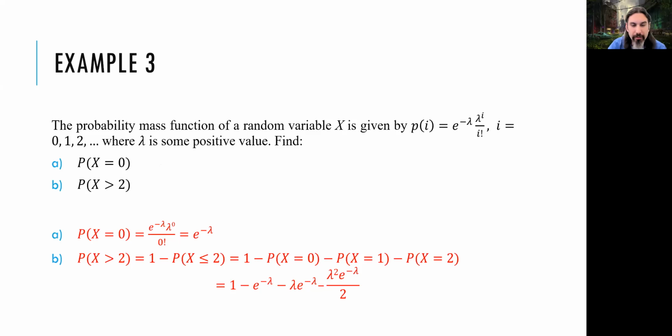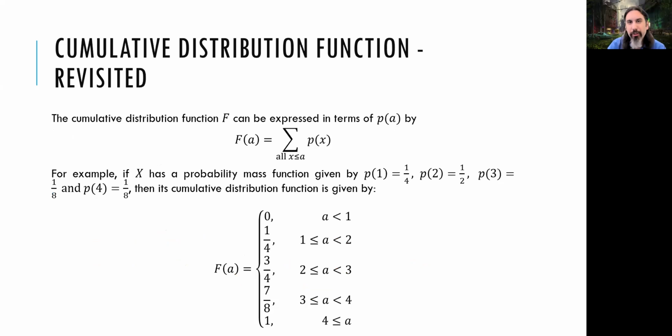What about the cumulative distribution function? We already know what it was, but there's a relation between PMF and CDF. The cumulative distribution function can be expressed as a function of the PMF. So think about it. When you're talking about F(a), the cumulative distribution function at point a, you're going to sum every probability value up to and including a.